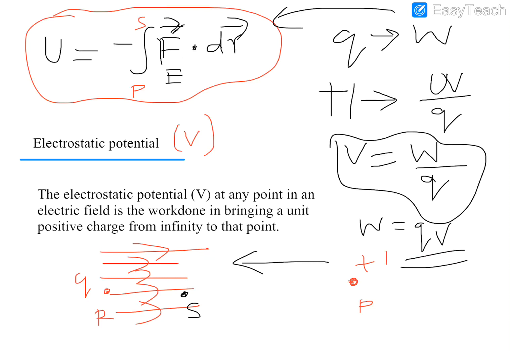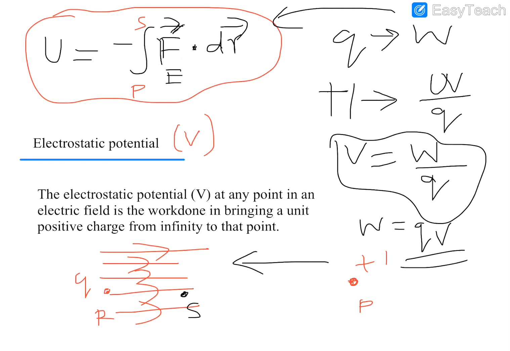So these are the two terms, electrostatic potential energy and electrostatic potential. Electrostatic potential energy is nothing but the amount of work done to bring a charge Q from infinity to a point.